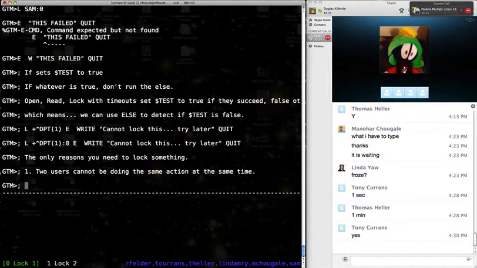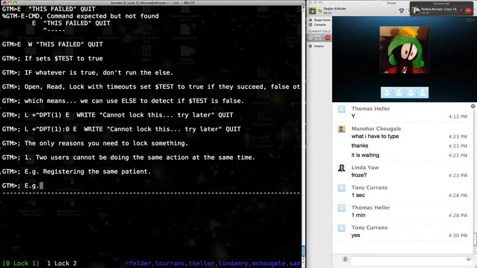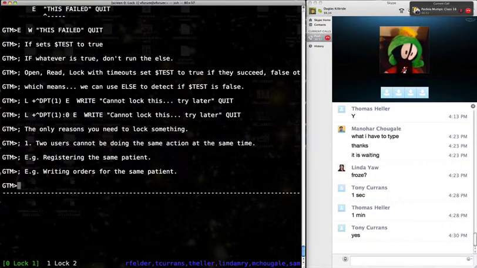An example of this is registering the same patient, you cannot do that. Another example, writing orders for the same patient. CPRS does a lock in order to make sure that people don't write orders for the same patient.